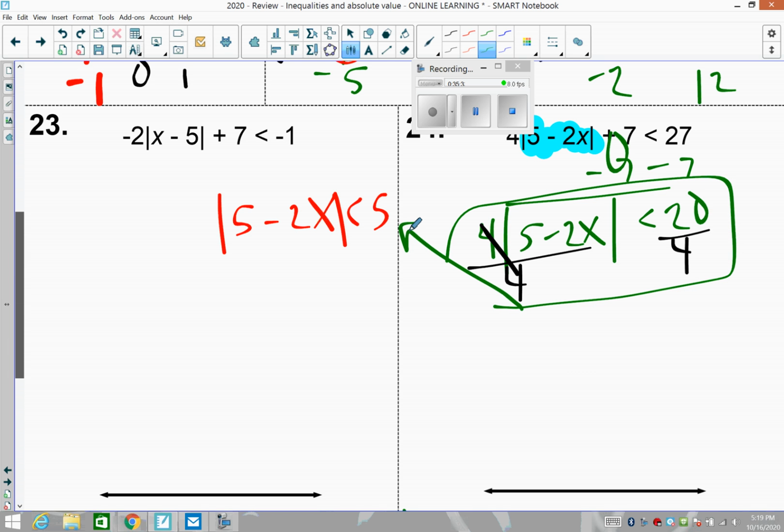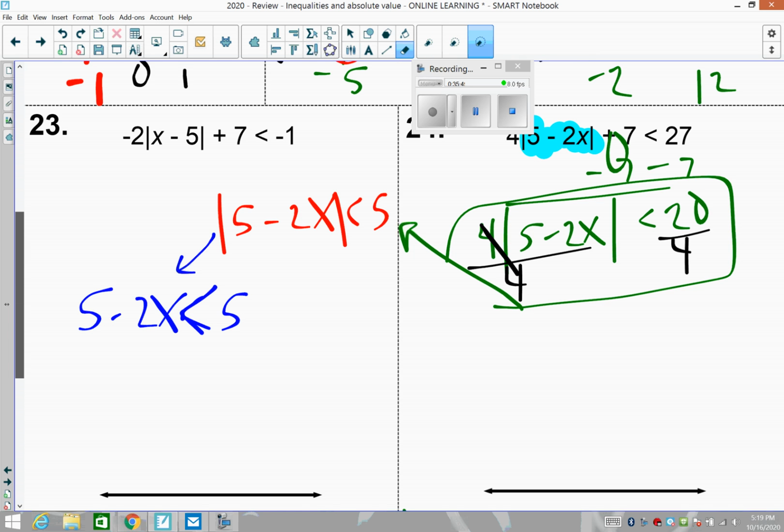So we're going to drag to the left and make negative, and we're going to drag to the right and make positive. This is getting to be a long video, but it's the whole unit. 5 minus 2x, we flip the sign and make negative, is what I meant to say.